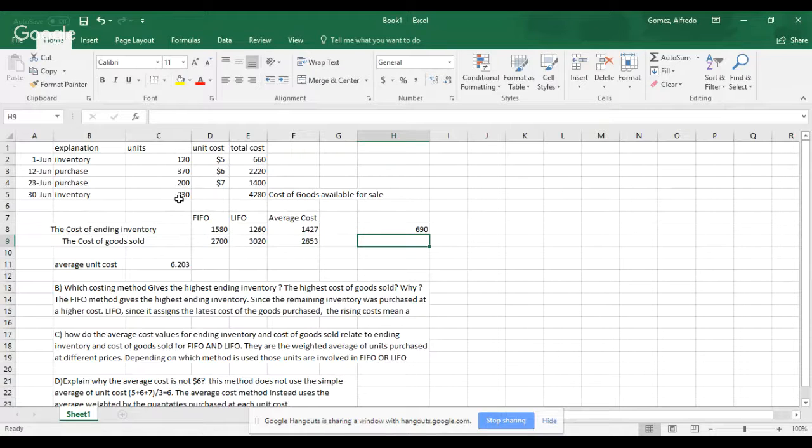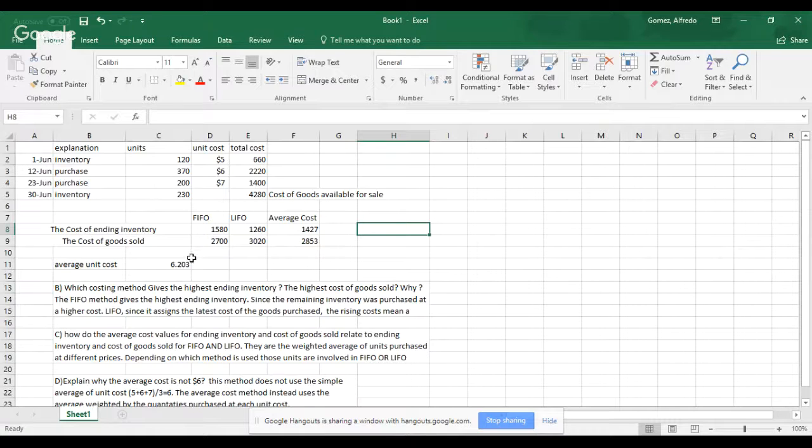If we have an ending inventory of 230, that means 460 goods were sold. But that's not what we're focused on right now. We're focused on the cost of ending inventory.